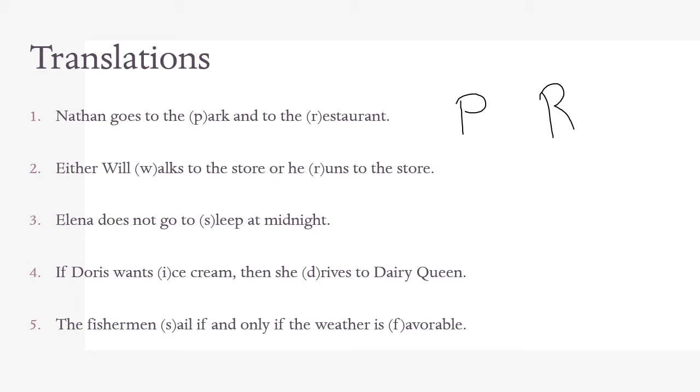So we'll go back through and we'll look at the sentence. Nathan goes to the park and to the restaurant. And is a signifier that our operator that we're going to need is an ampersand. So an ampersand again just means and or but. And so when we go to translate, that's all we're doing.